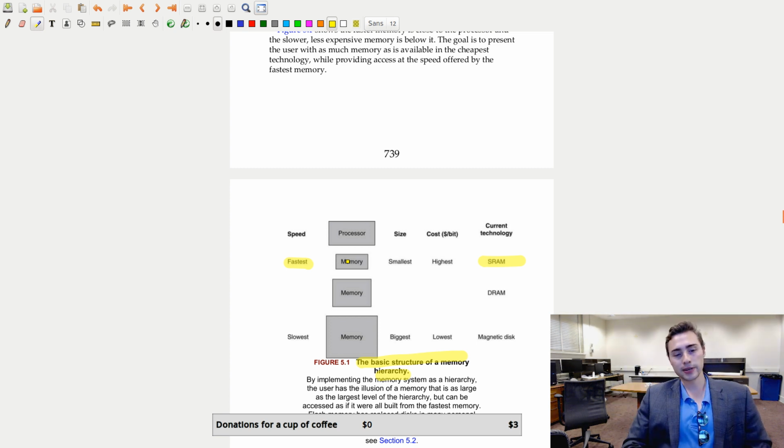SRAM is a lot faster, but a lot more expensive, and that's because DRAM is made from a capacitor and a single transistor, and even the capacitor isn't a discrete capacitor. We're talking about a capacitor that's fabricated based upon the inherent capacitance of the trace between two different things.